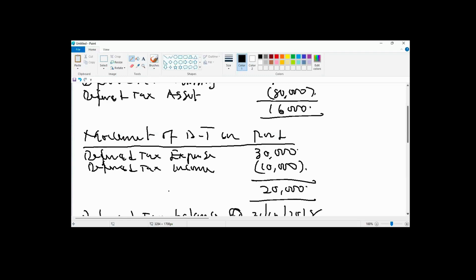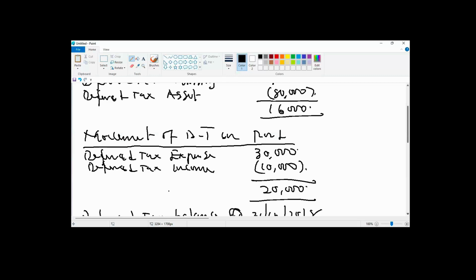Look at what the question says. Let's read the question again. One of the requirements: what amount of deferred tax movement is presented together as a line item with current tax movement in the POA? So definitely they are asking for the charge or income.